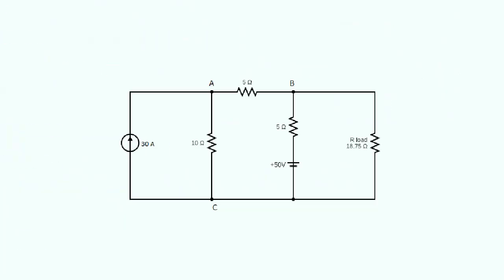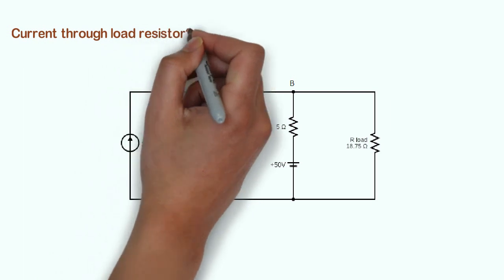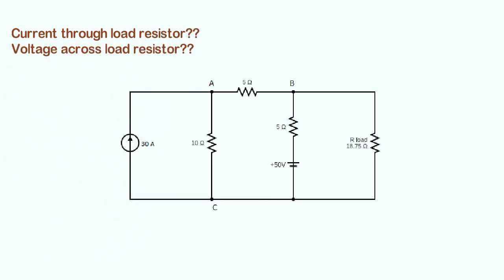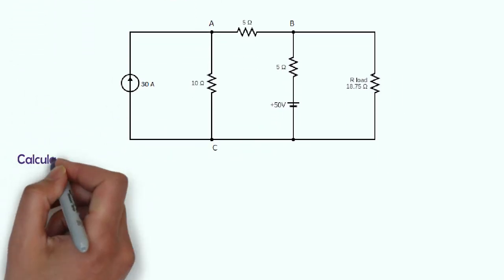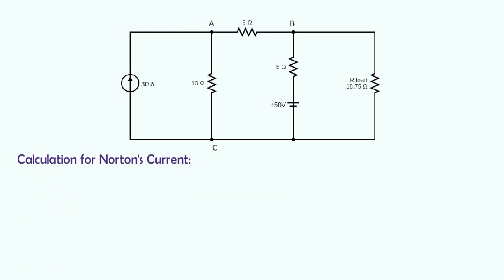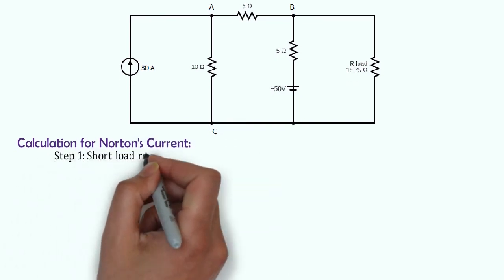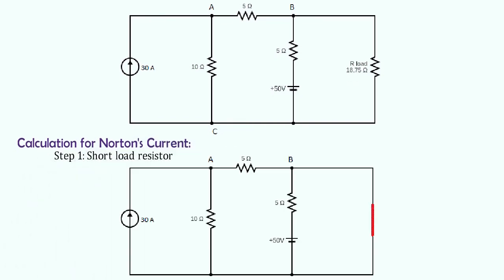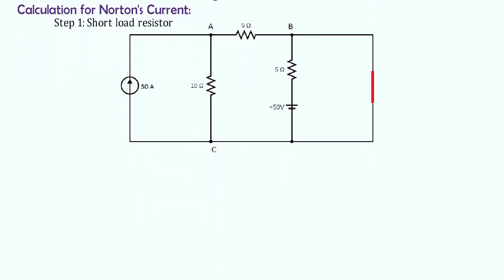Let's make the concept sharper with another example. Here, I am taking a 3-loop circuit having one current source and one voltage source. Now, we will find the current and voltage across the load resistance. We will start the calculation with Norton's current. In the first step, we will short the load resistance and redraw the circuit diagram.